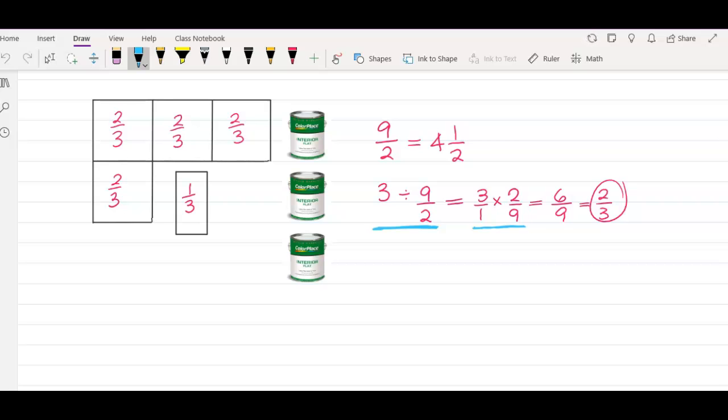We could even add some units and say 3 gallons divided by 9 1/2 yards. And then our units for our answer would be 2/3 of a gallon per yard.